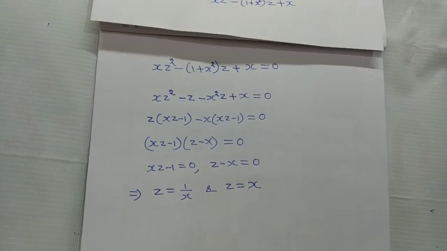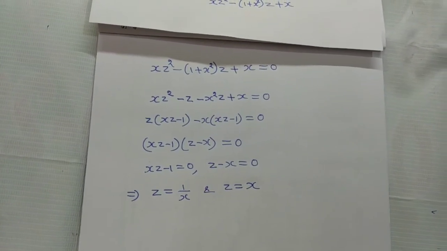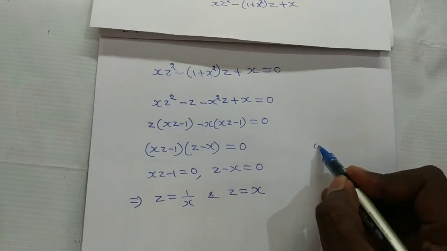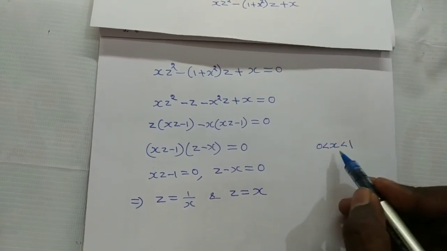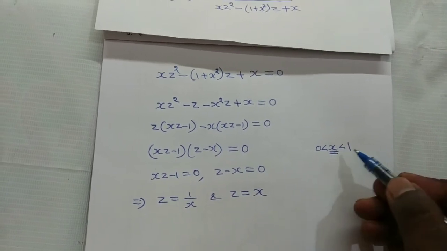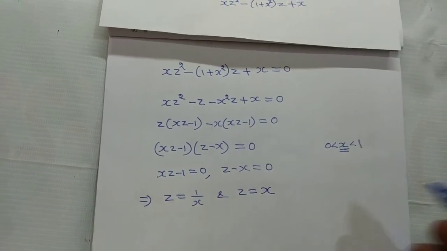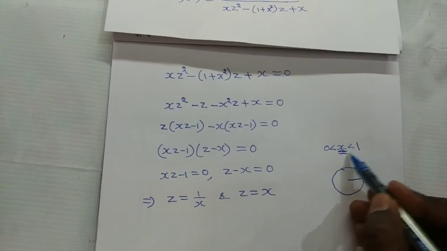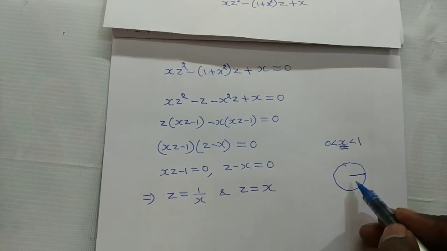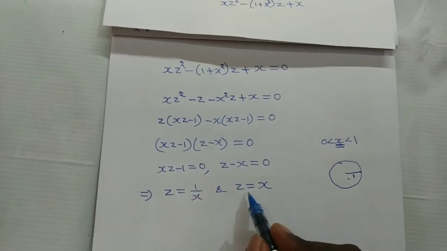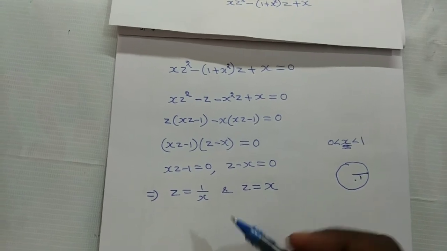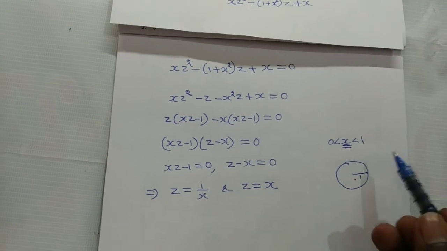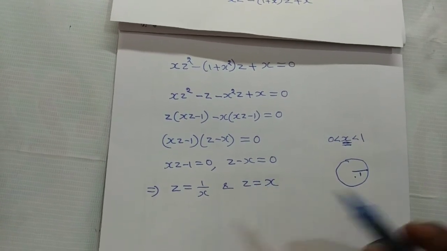Now I want to verify which one lies inside and which one lies outside. In the given problem there is the condition 0 < x < 1. So x is less than 1, and C is a unit circle with radius 1, so definitely z = x lies inside C. Then what about 1/x? Since x is between 0 and 1, 1/x must be greater than 1.